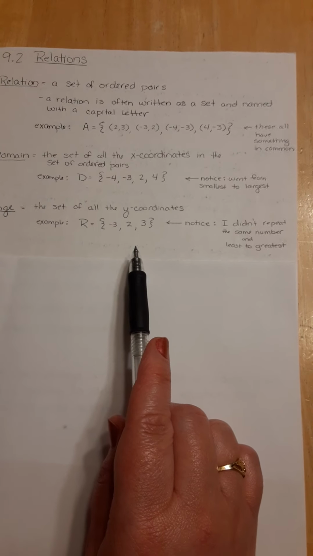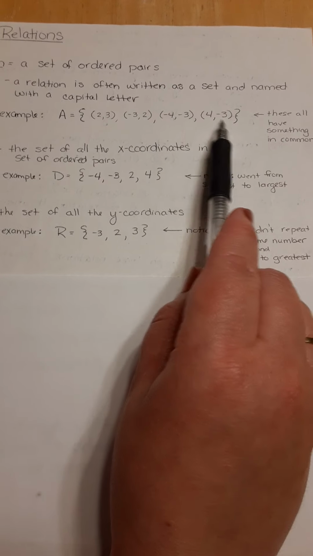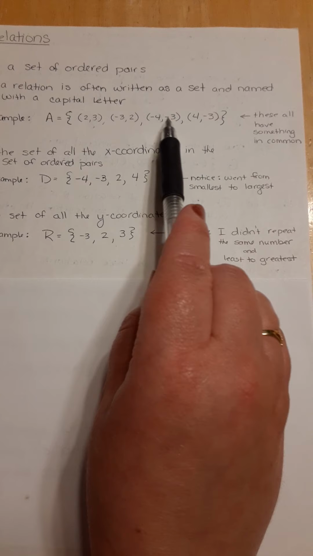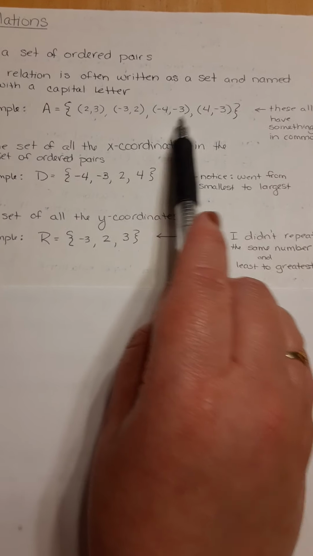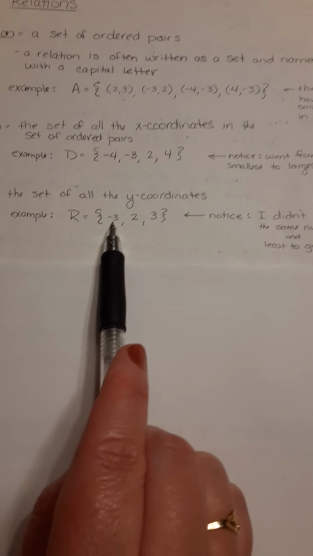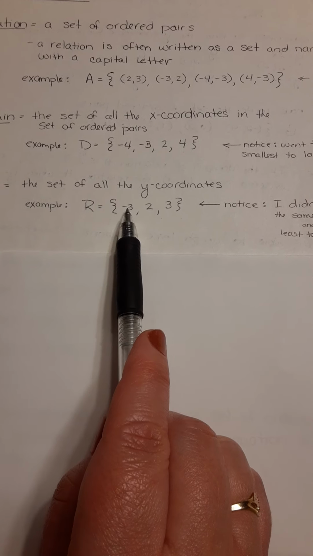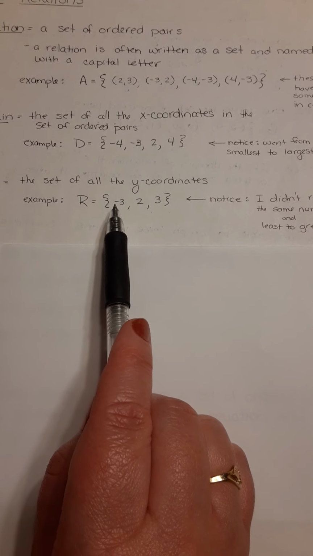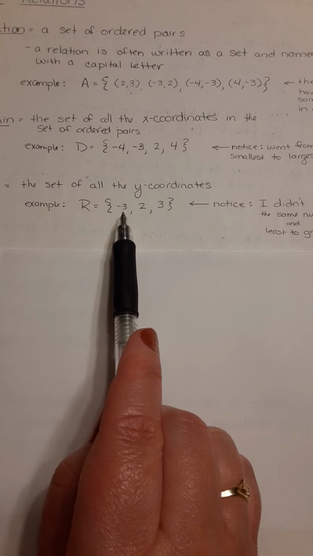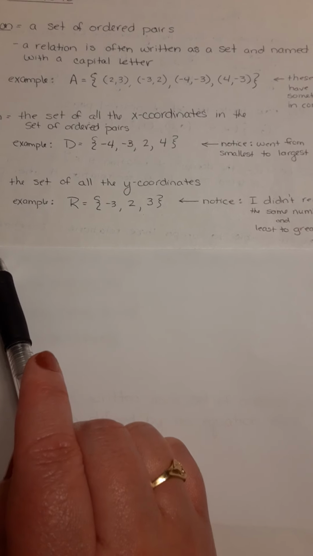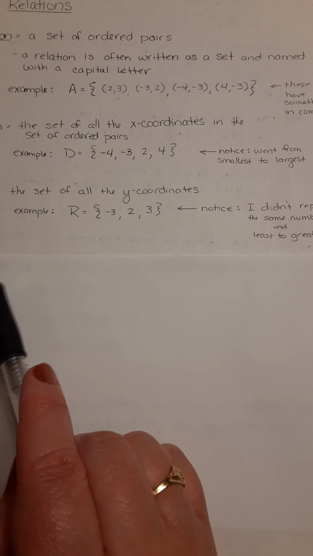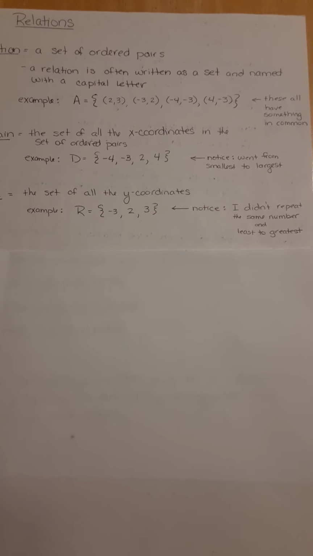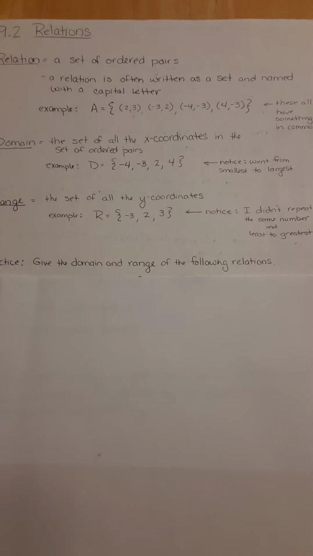If you notice up here in my relation, I have 2 y coordinates that are -3. I only wrote it one time here. So when I write domain and range, I write them from least to greatest, and I do not repeat numbers. So the big thing to remember is domains are always my x, range are always my y.